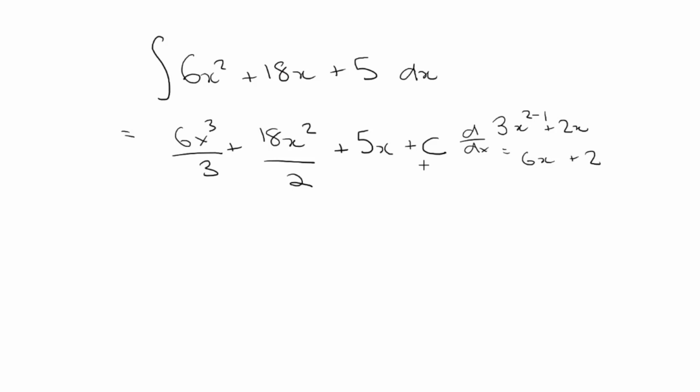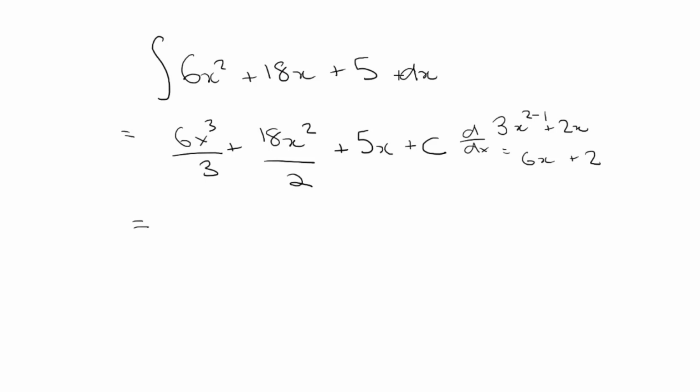Now, the reason we put plus c is because we don't know what constant there could be, because the derivative of a constant is 0, and we can't see that here. So regardless of what the integral is, whether it's plus 15, plus 200, whatever that c term is, the derivative of that will still be 0.